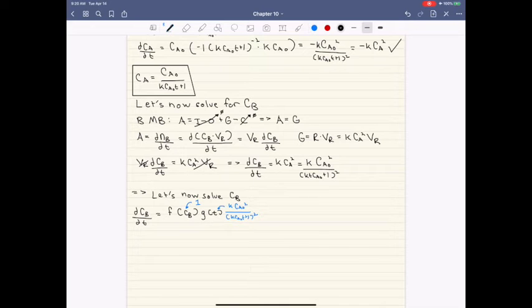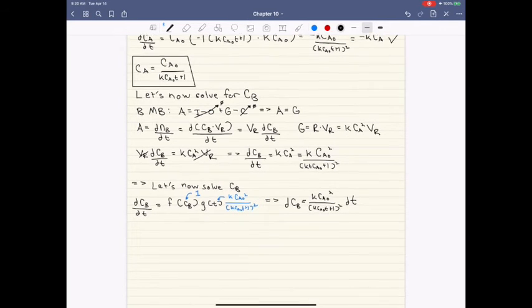Okay? So now that we've identified what each of those functions are, we can move all the Cb stuff to the left-hand side, and we can move all the t stuff to the right-hand side. (K Ca naught t plus 1) squared dt.